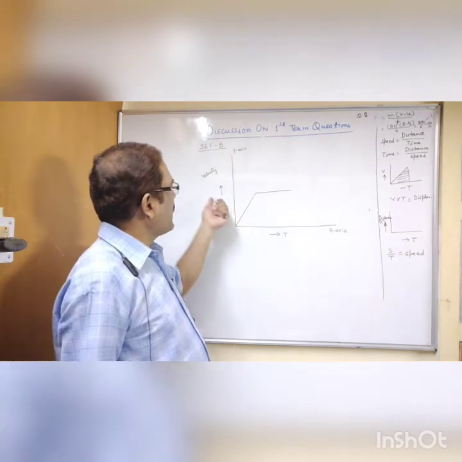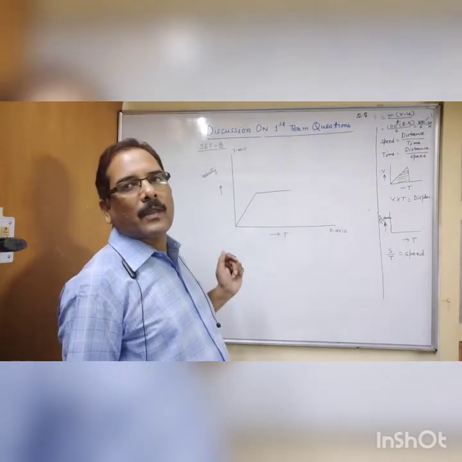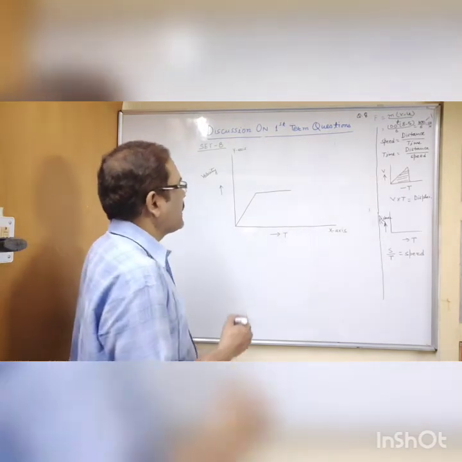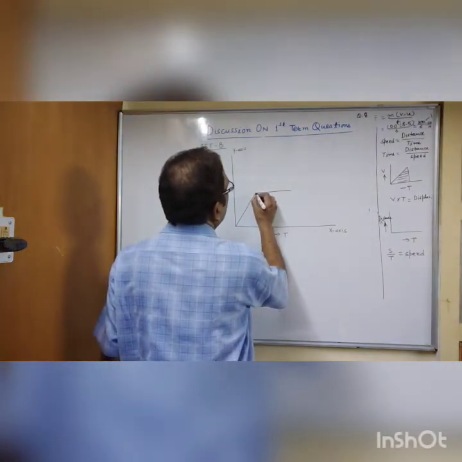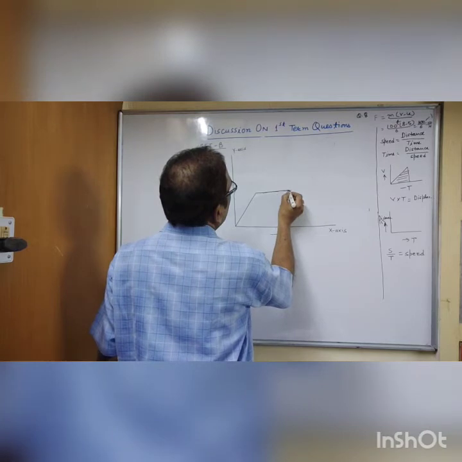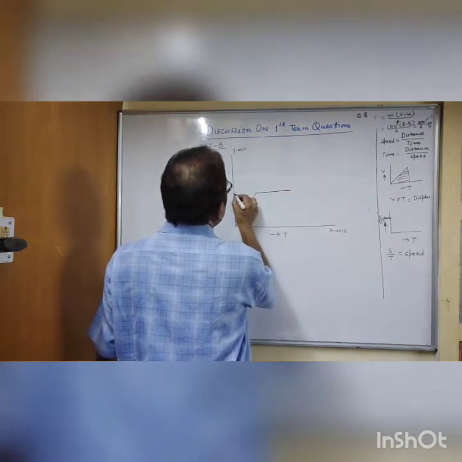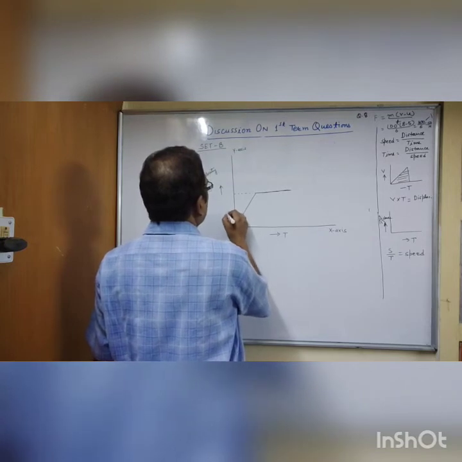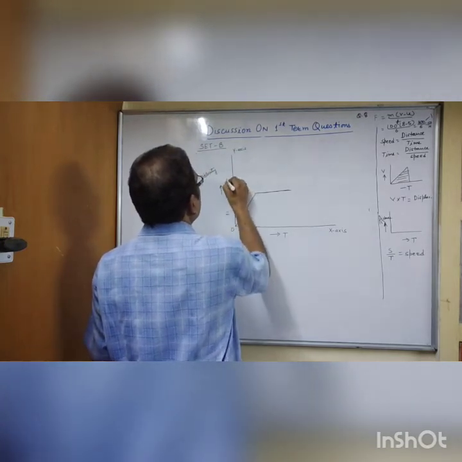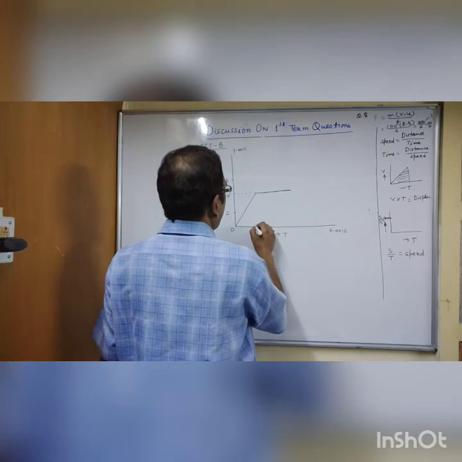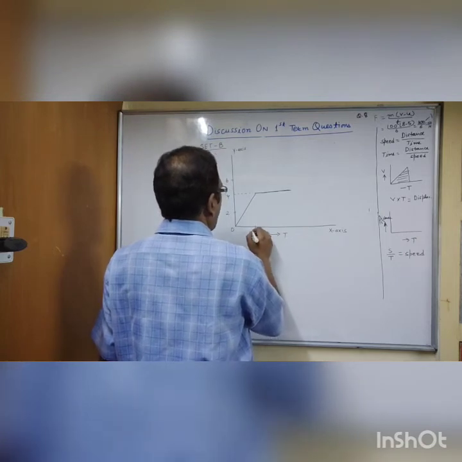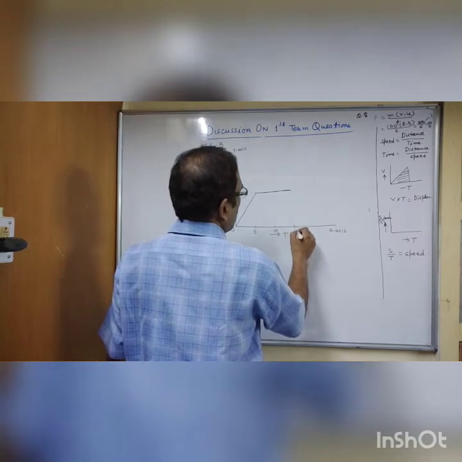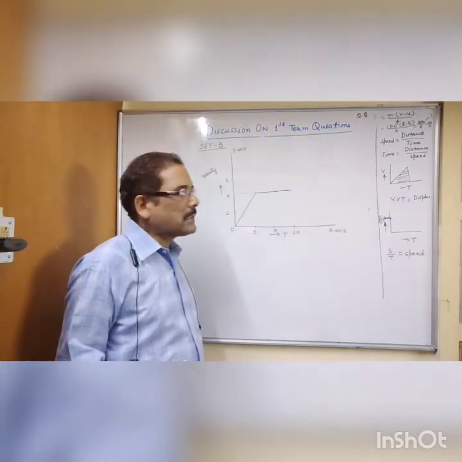So initially with time velocity is increasing. Okay. So accelerated motion. But if graph is horizontal, what does it show? Suppose this is 0, this is 2, this is 4, 6 like this, and time also, suppose this is 5, this 10, 20 like this, time is given in second.